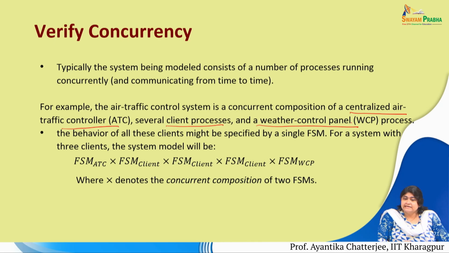In simpler words, this air traffic controller has multiple sub FSMs together. We can see here some sub FSMs shown: the clients, the WCP and the centralized controller, because the air traffic controller has one central controller. So, the ATC is basically the centralized controller.